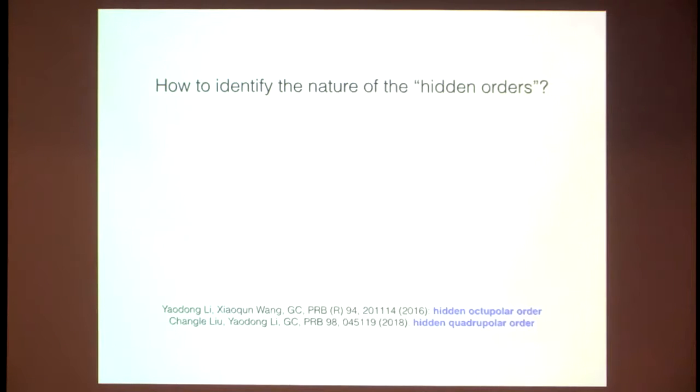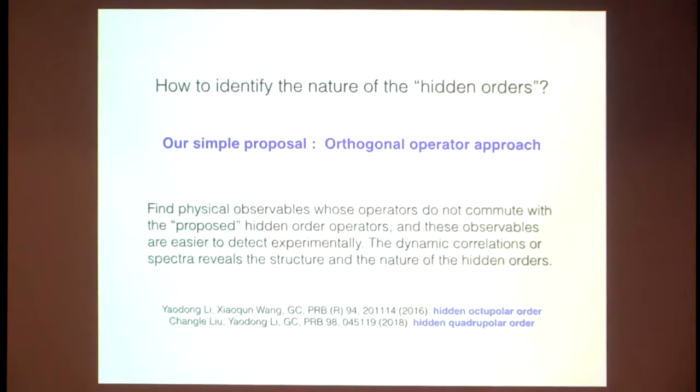There is a very simple suggestion, called the orthogonal operator approach. The idea is you can find a physical observable that can be easily observed. This hidden order does not couple explicitly to your experimental probe, but you can find an observable that can be measured experimentally with current experimental means. That operator does not commute with the proposed hidden order parameter.